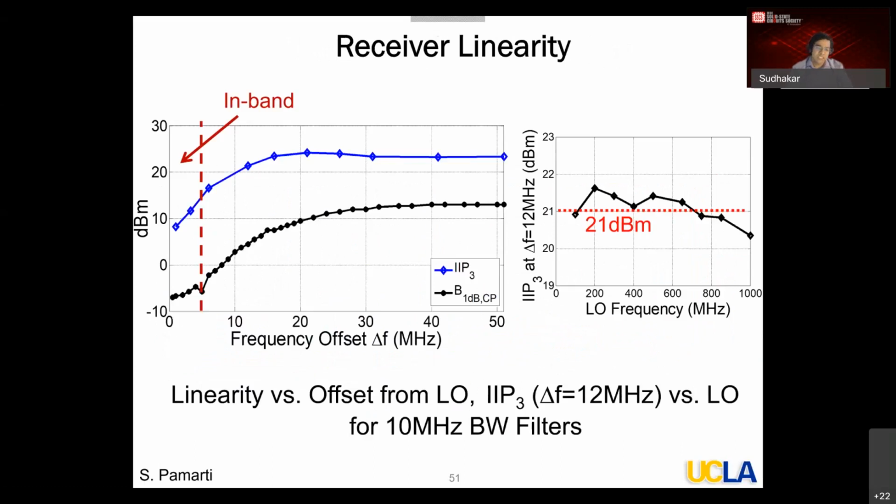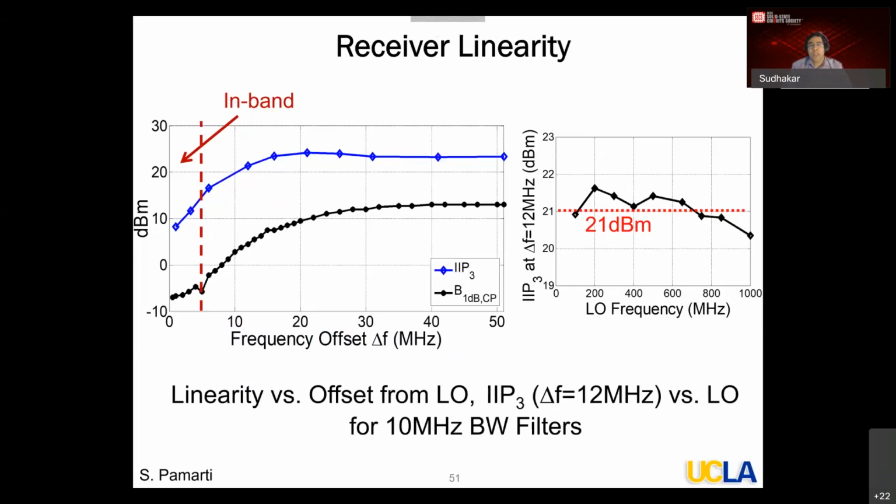Here are the measured receiver nonlinearity, linearity results. The figure on the left shows you both IIP3 and blocker 1 dB compression point measurement. The x-axis is the frequency offset. The dashed red line is the band edge basically. So you can see that the linearity is very good, right? The figure on the right is the IIP3 for different LO frequencies.